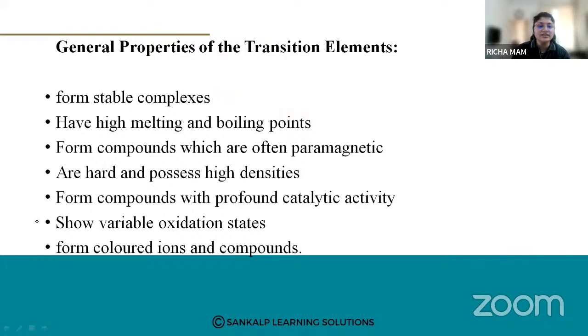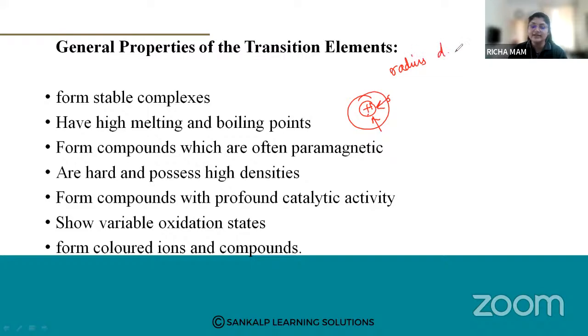Initially the shielding effect is seen by the electrons. The valence s electrons are placed nearer to the nucleus, so these s electrons are attracted more forcefully towards the nucleus as compared to the d electrons, and thus the radius is decreasing.